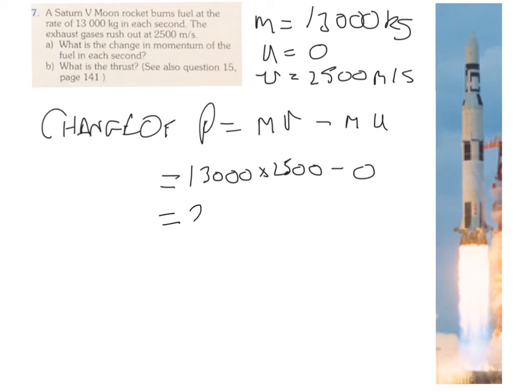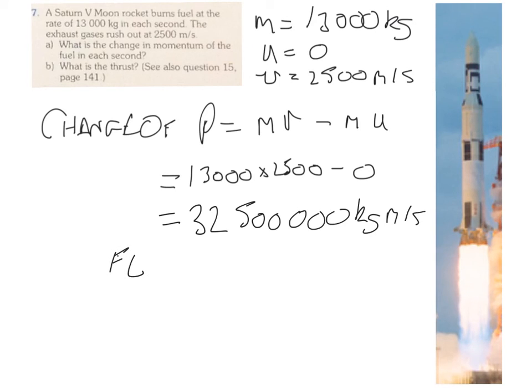That gives us 32,500,000 kilogram meter per second of change of momentum. It says then, what is the thrust? Well, we also have an equation that says that the impulse Ft equals mv minus mu.